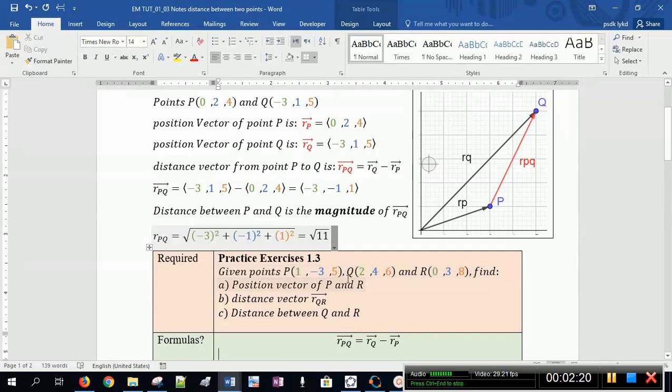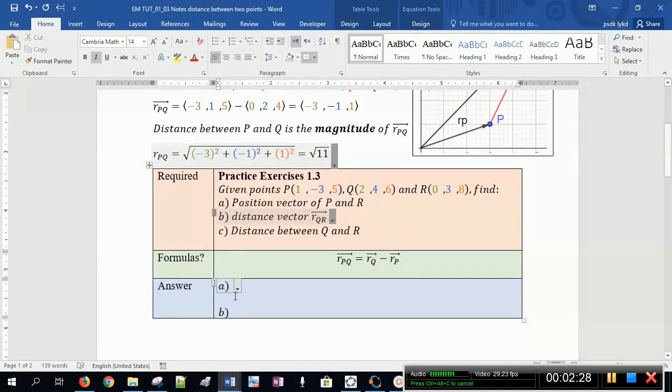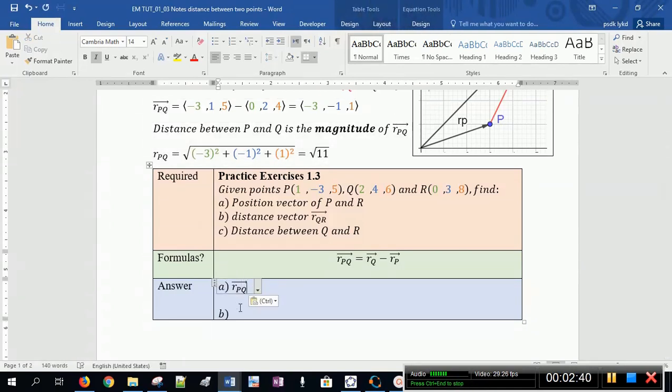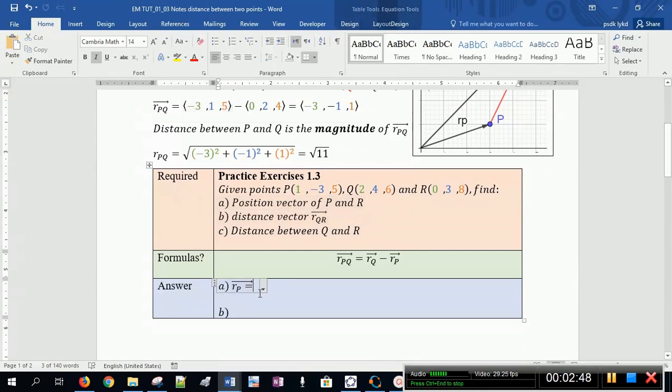Given points P and Q and R, find the position vector of P and R. The position vector of P is called RP. RP is the same as point P but in vector form: 1, minus 3, 5.